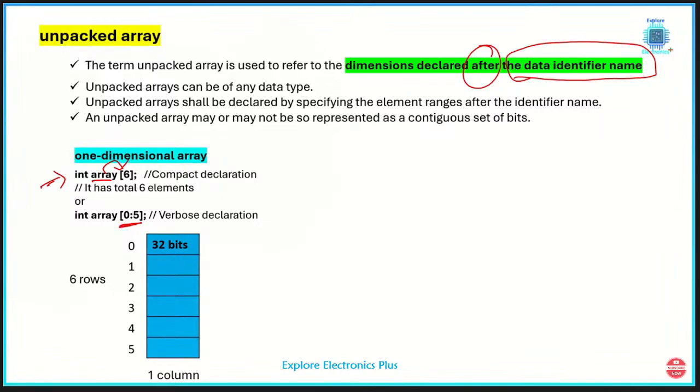So this will have 6 rows and 1 column. You can see the row numbers 0, 1, 2, 3, 4, 5, and since it is an int type, it will take 32 bits in each and every location, and it will have 1 column. So these 6 rows can take 32 bits in all the elements, and you can access a particular element through that particular row number.